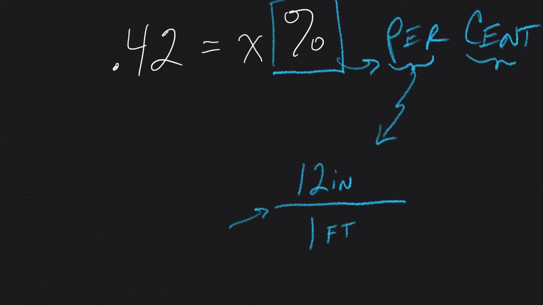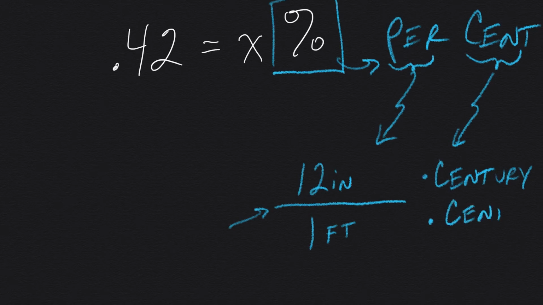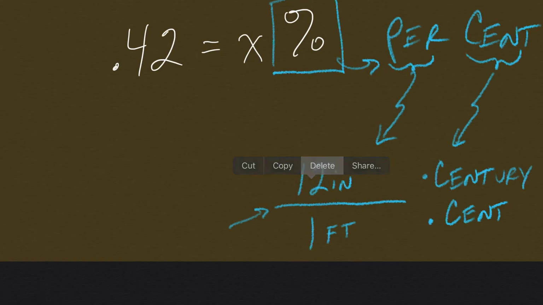And the word cent, you've also seen that before. You've seen the word century applying to 100 years, and of course you've seen the word cent applying to 1/100th of a dollar.